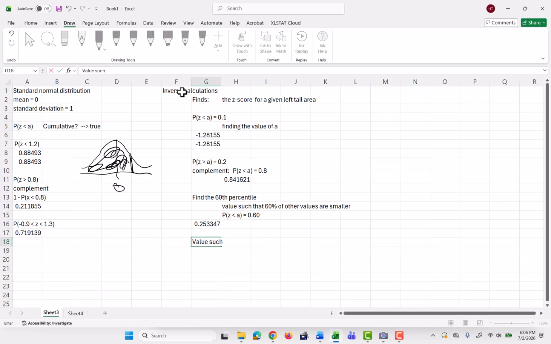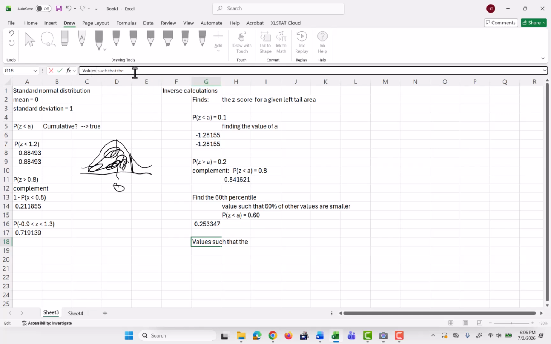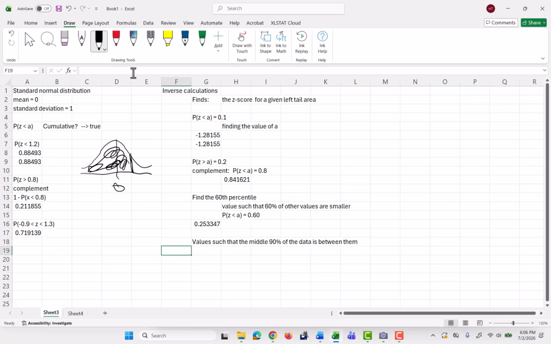Let's find the values such that the middle 90% of the data is between them. We have a bell curve, and we're taking 90% out of the middle, which means there's 10% outside of that.